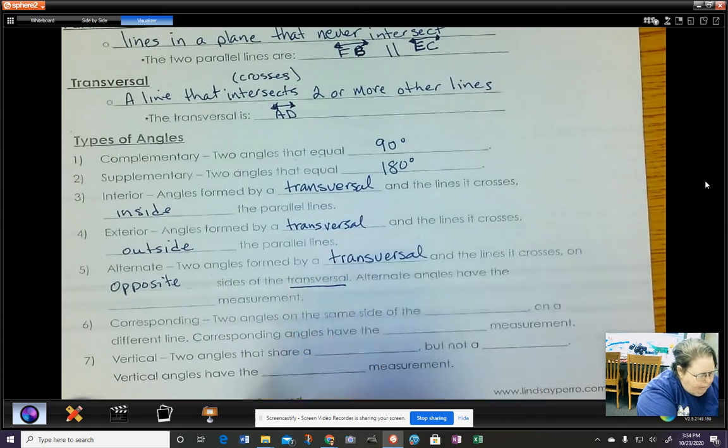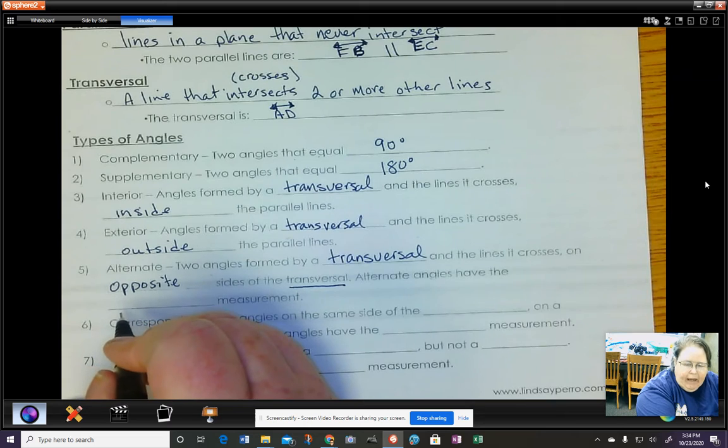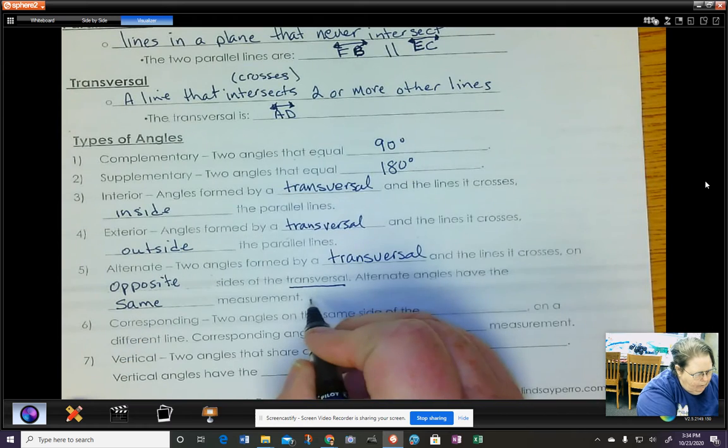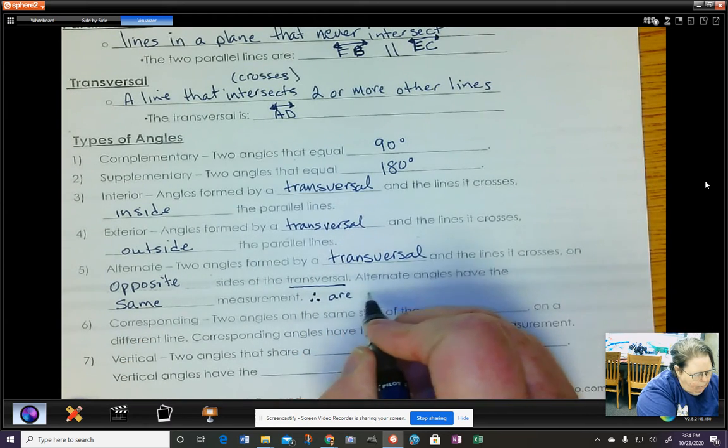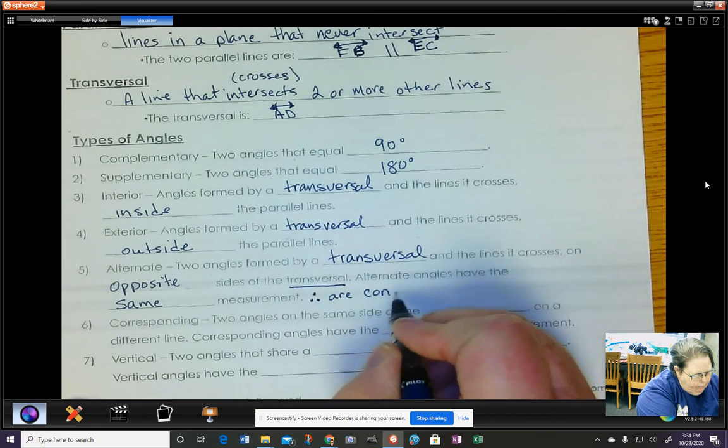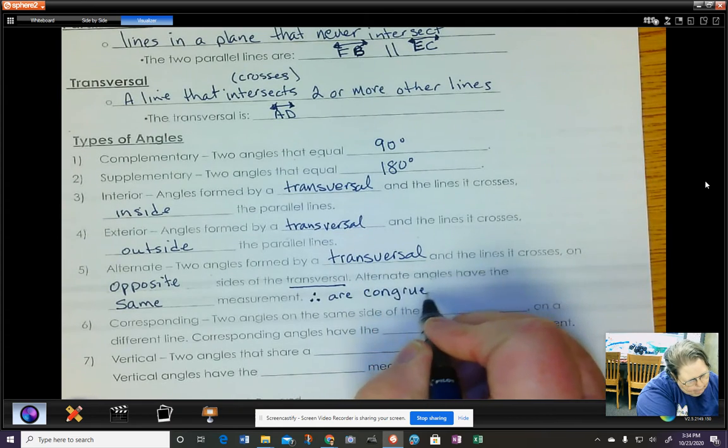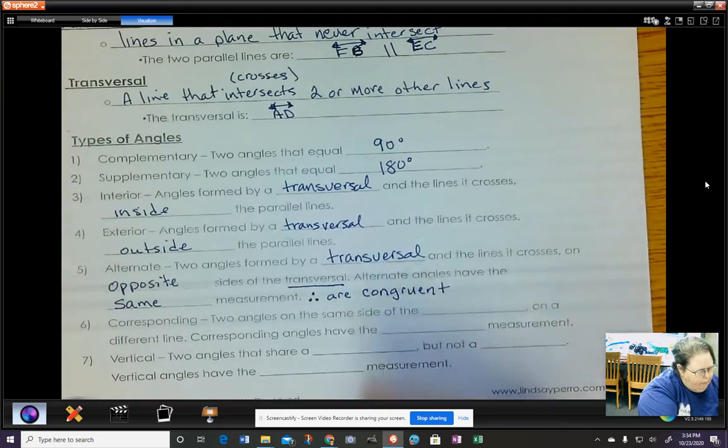I'm going to underline it. Alternate angles have the same measurement. Therefore, they are congruent. The three dots in a triangle means therefore.